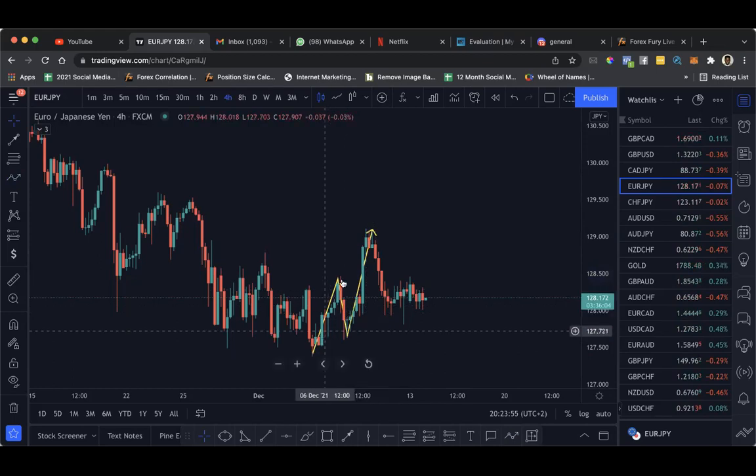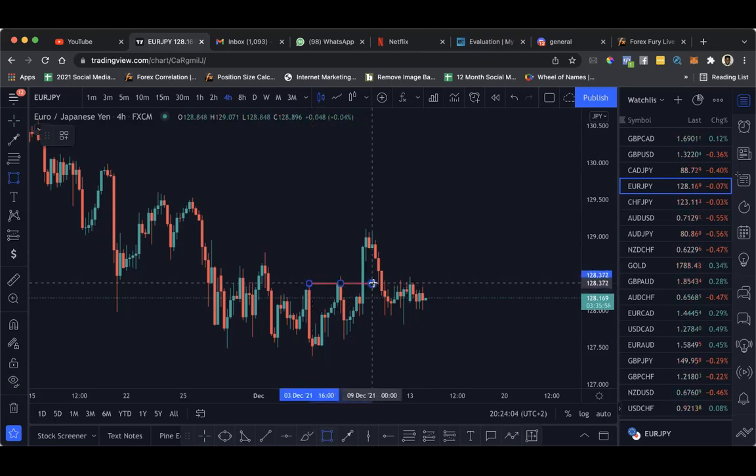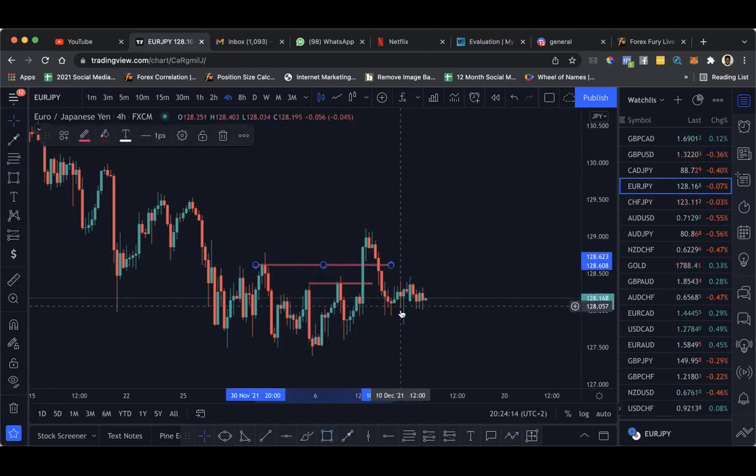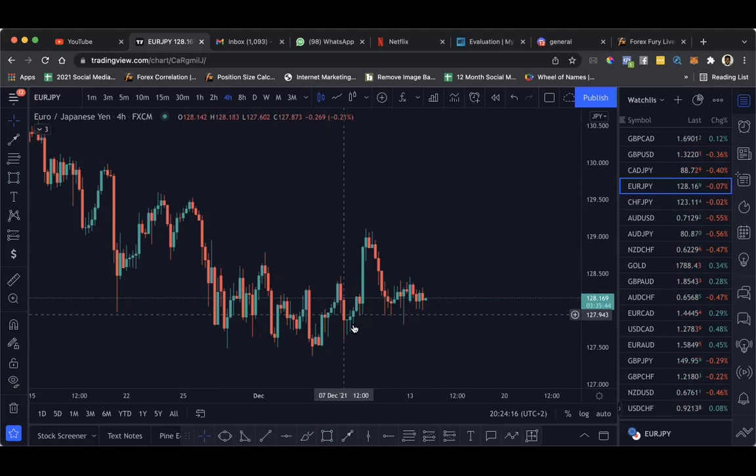Price broke this zone, broke this break of structure, and broke this break of structure area as well. And then price is coming down to a demand level.